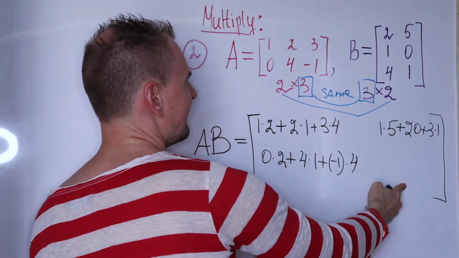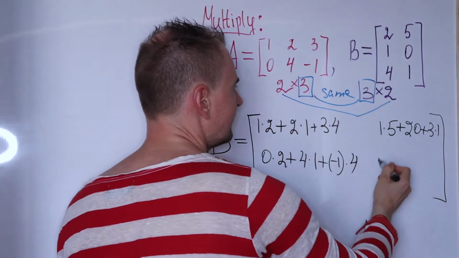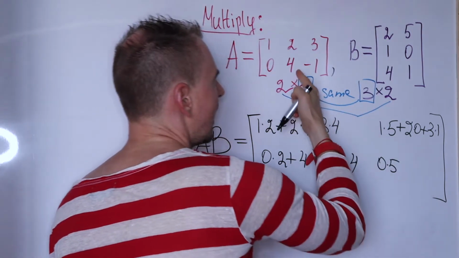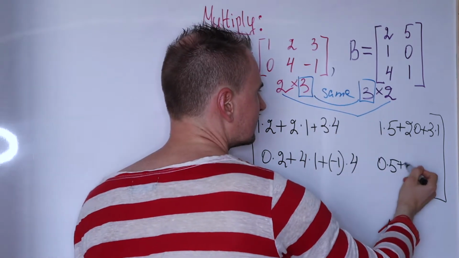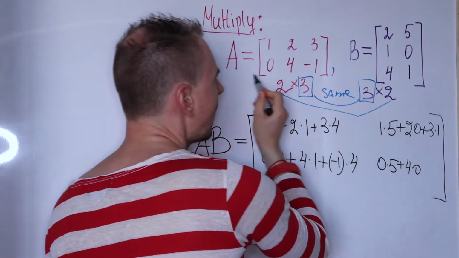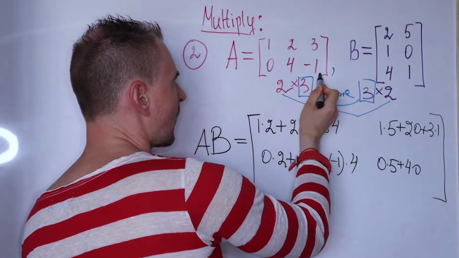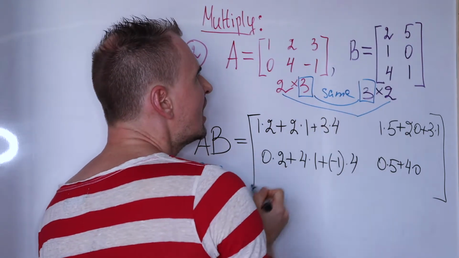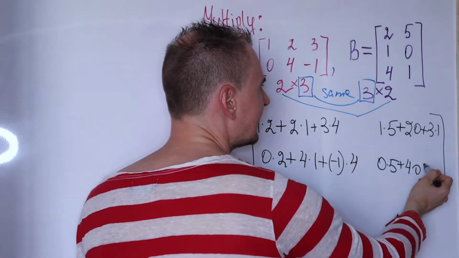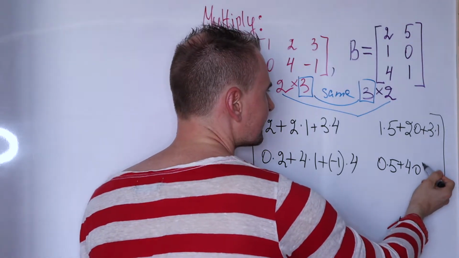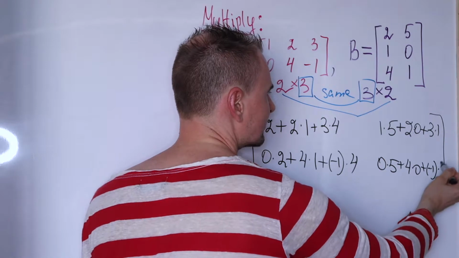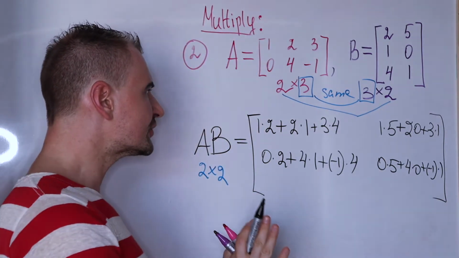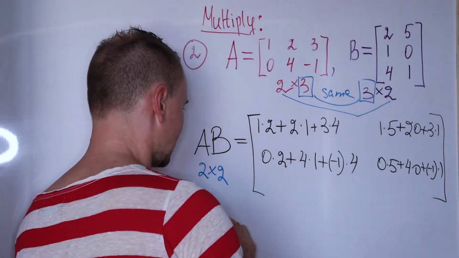And the last element, finally, 0 times 5 plus 4 times 0. So again, the second row of the first matrix, the second column of the second matrix. 4 times 0, and finally, negative 1 times 1. So all you need to do is just compute.